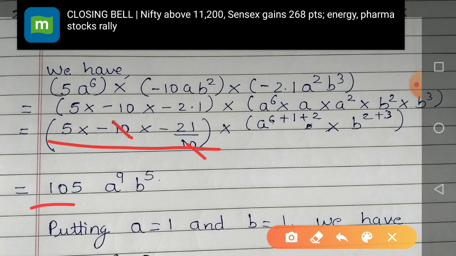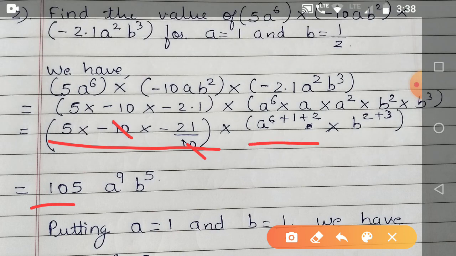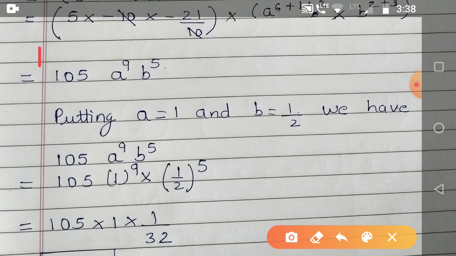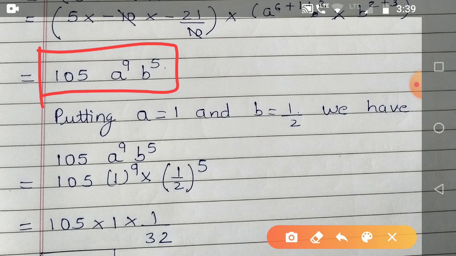So this 10 and 10 we cancel and we get 105. Now for this a, the base is the same, so the power is added: 6 plus 1 plus 2, and here also for b the base is the same, so the power is added: 2 plus 3. So here comes a raised to 9 and b raised to 5. Now in this value 105 into a raised to 9 and b raised to 5, we'll put a equal to 1 and b equal to half, and we will see what answer we get.